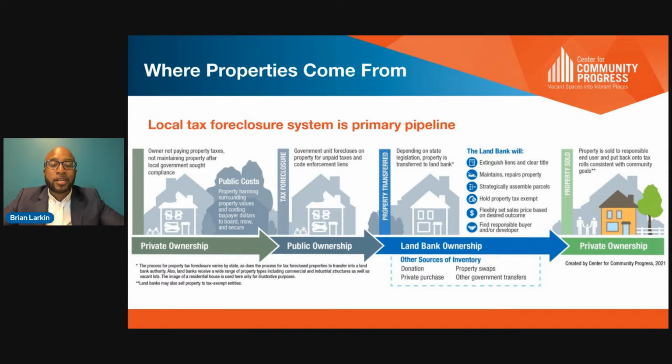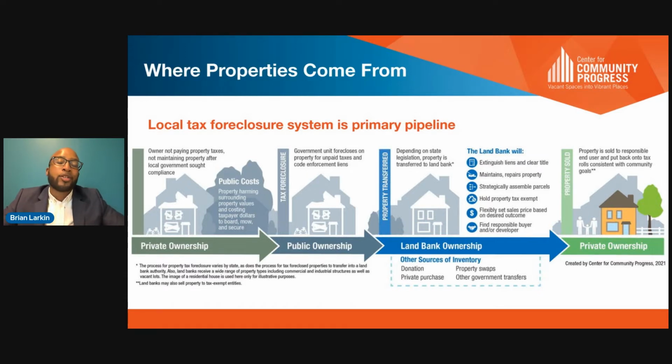Some of the challenges to properties being accessible are unclear title, property liens, needs for maintenance and repair, parcels that are incongruent with future development goals, and the taxes on holding a property for development.